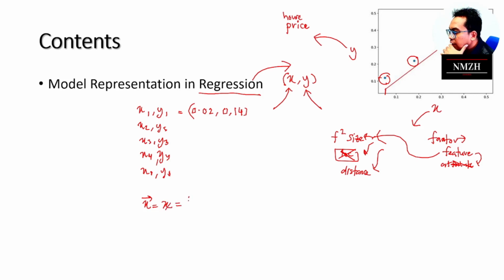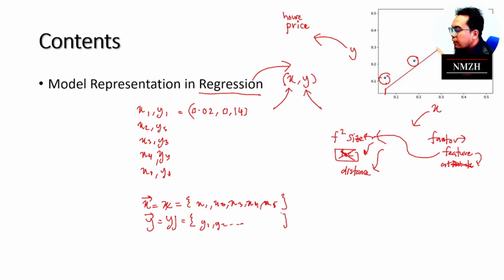We can say x1, x2, x3, x4, and x5 form the x vector. The same goes for the y vector: y1, y2, and so on. So we have a vector relationship between those.